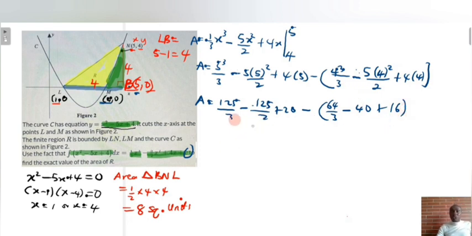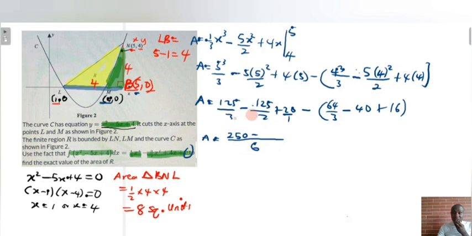So we can just take the LCM of this and this. I'll make this over 1. The LCM of 3, 2, and 1 is 6. So 6 divided by 3 is 2. 2 times 125 is 250 minus 6 divided by 2.